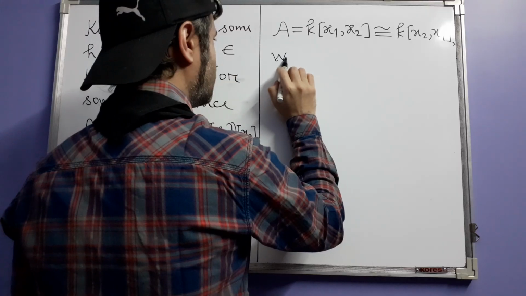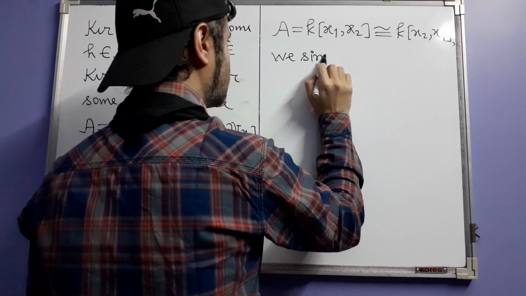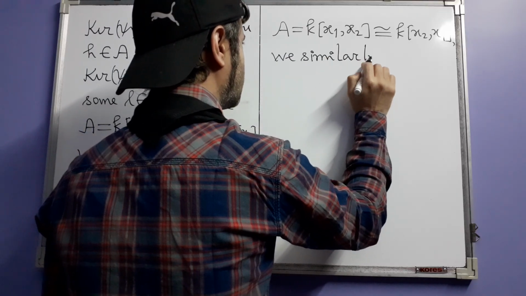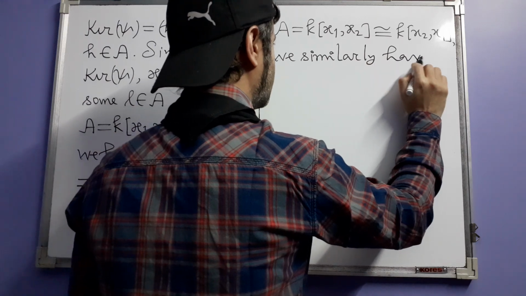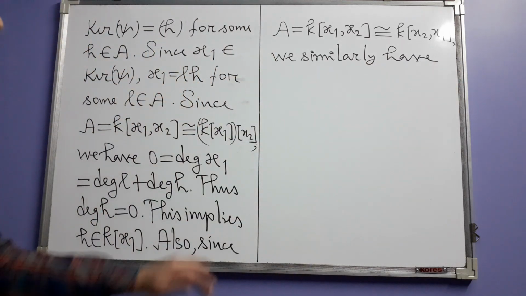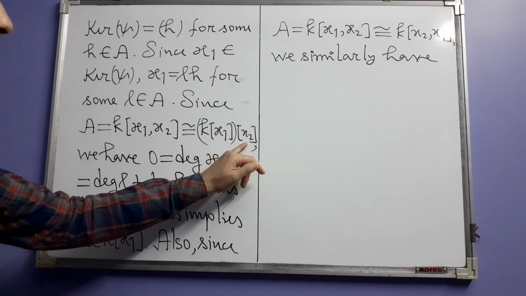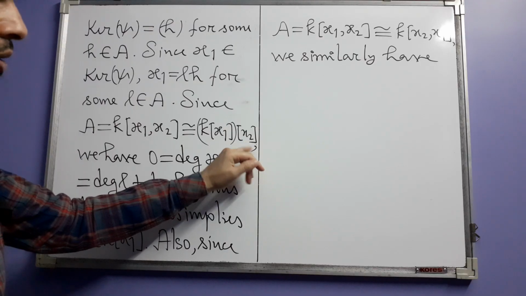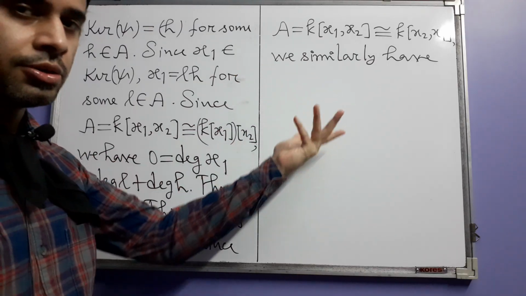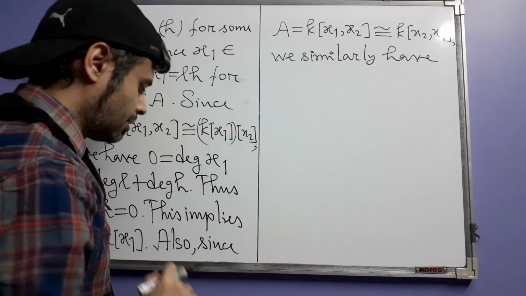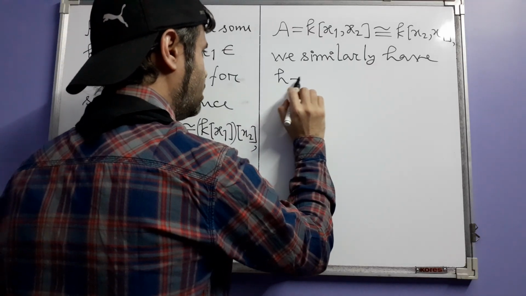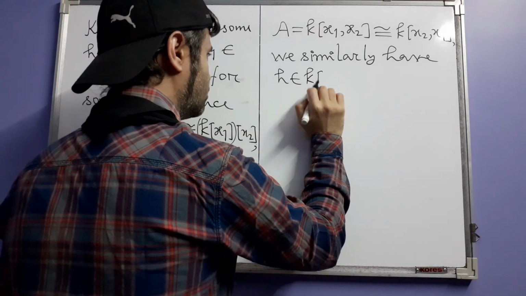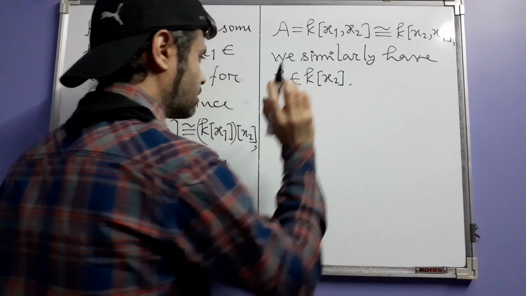We similarly have, so whatever we did by considering the polynomials as polynomials in x2, we can also do with them as polynomials in x1. So that way H will simultaneously belong to k[x2].